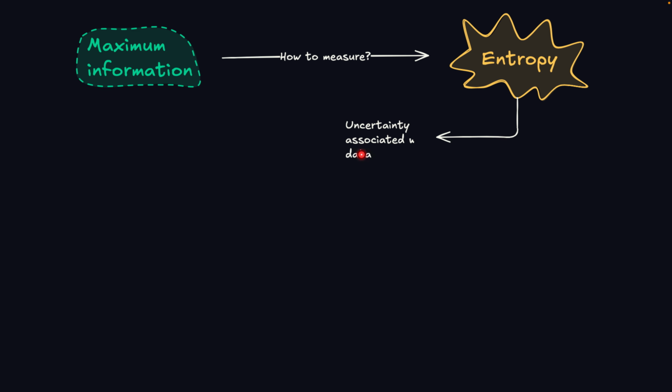Entropy is basically the uncertainty associated with data. We'll see how it works a little bit later, but there are other measures that we can use as well. One of them is called Gini impurity, and another one is called misclassification error, and there are many more. But for this example we'll just focus on entropy.